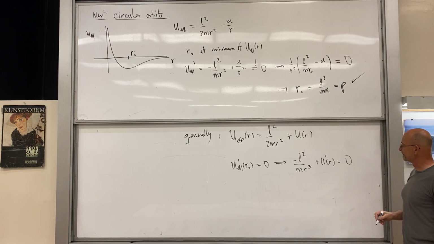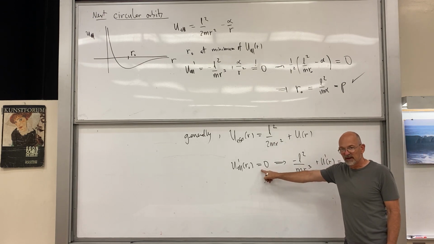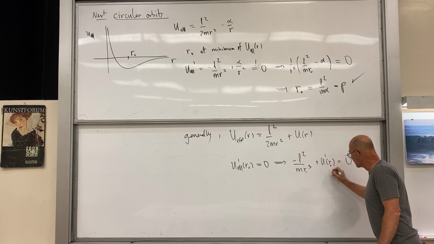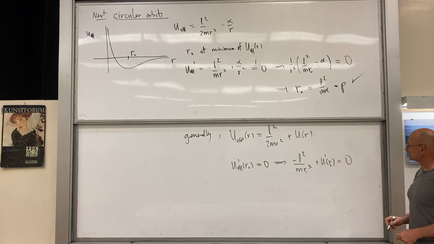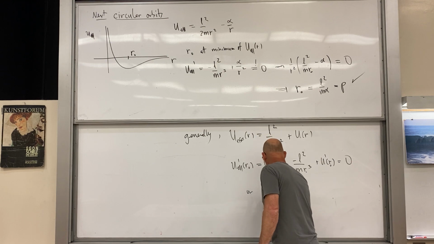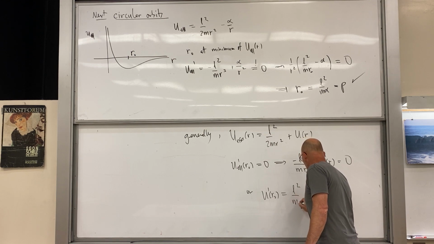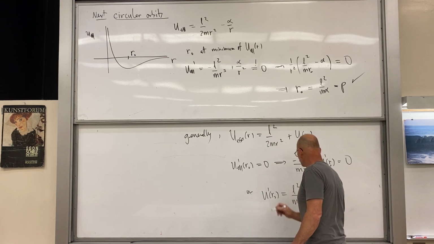I've already declared it to be at the minimum there, so U prime of r0 is equal to L squared over mr0 cubed.